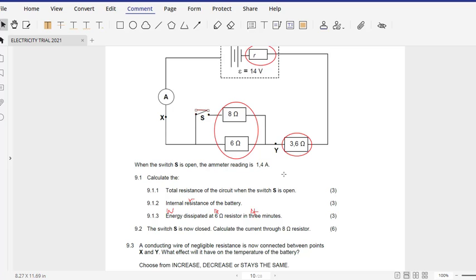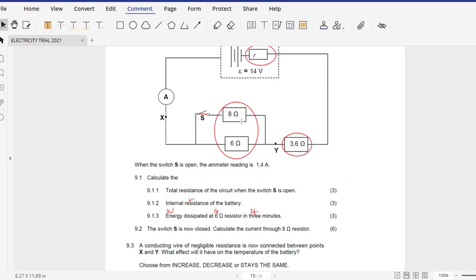Now, we should be careful that we don't use this 1.4 in this calculation, because the 1.4 is no longer the current that is read by this ammeter. Then the plan of this question: this is a local resistor, the 8 ohm.